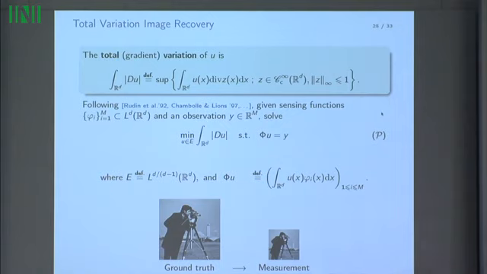Okay, so we're trying to minimize the total gradient variation of our function u such that we have equality constraint with our measurements. And then we need to understand what the extreme points of the total gradient variation ball are.